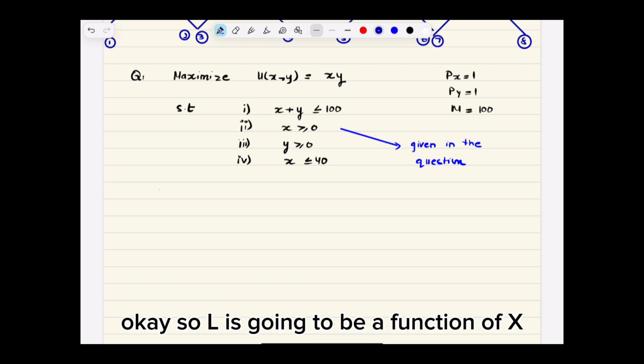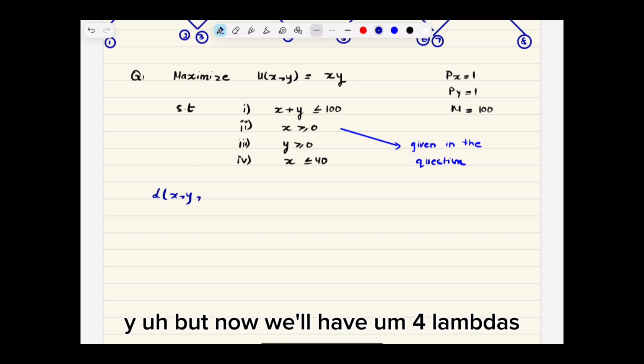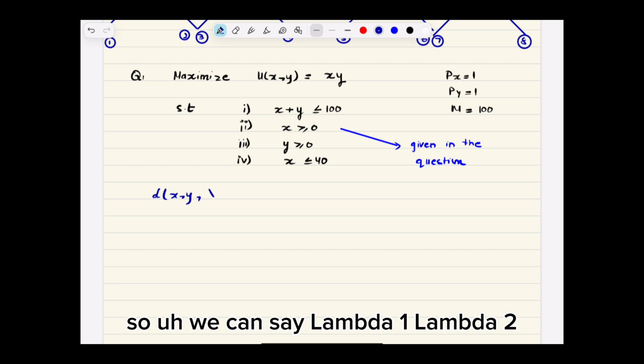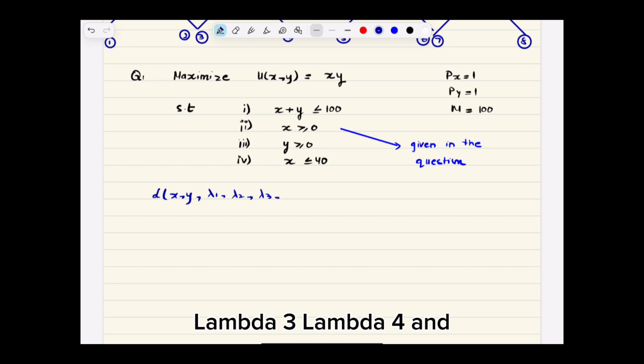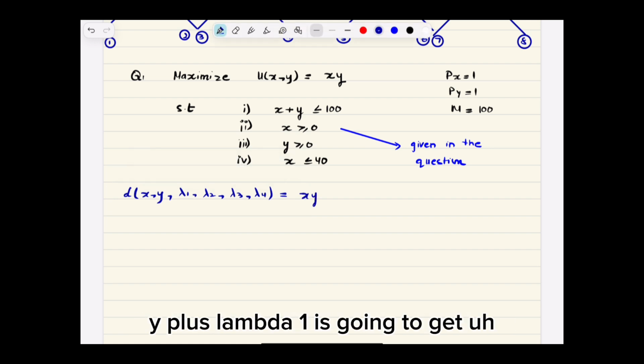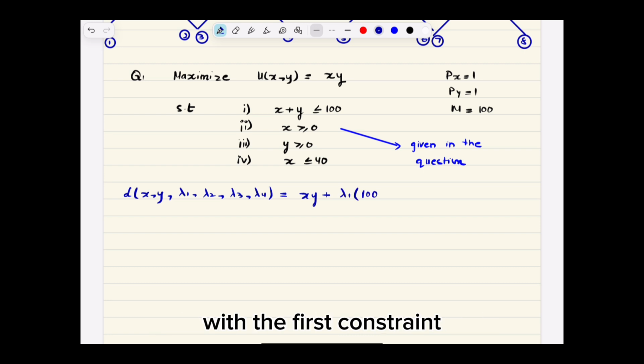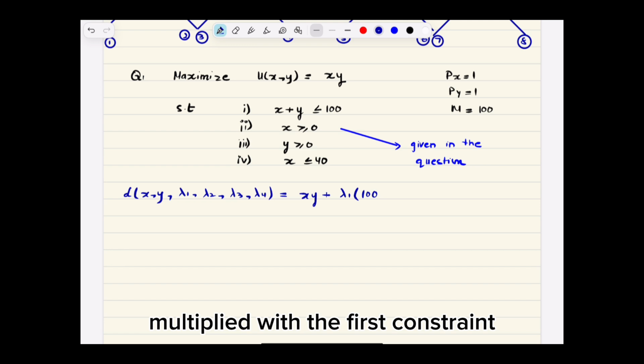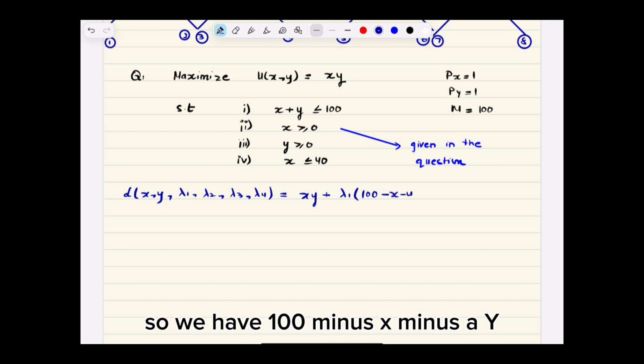Lagrangian. Okay, so L is going to be a function of x, y, but now we'll have 4 lambdas. So we can say lambda 1, lambda 2, lambda 3, lambda 4, and then we have the utility function xy plus lambda 1 multiplied with the first constraint, so we have 100 minus x minus y.